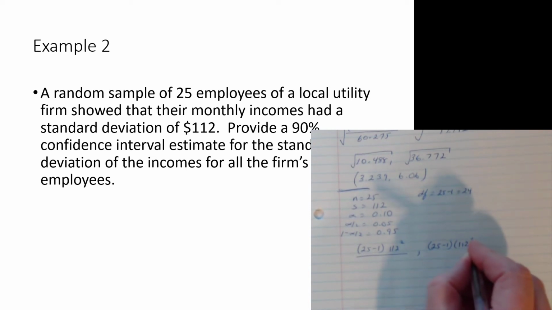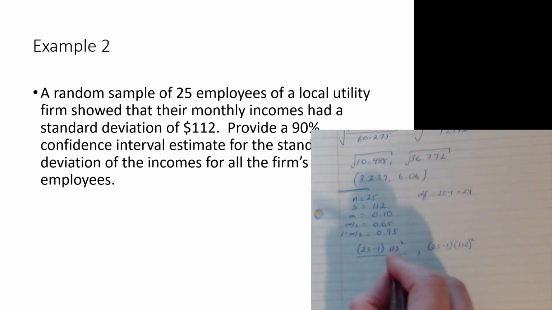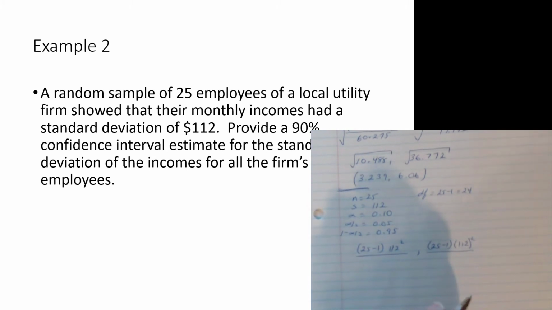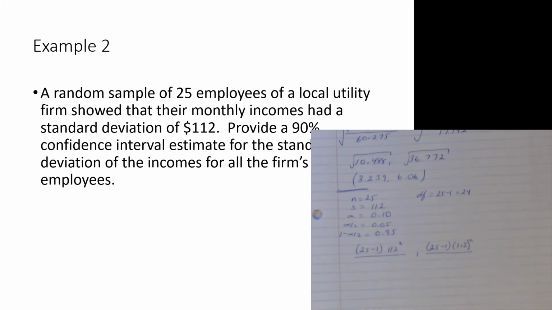Now for the denominator, we'll look up each one of our chi-squared test statistics. We'll do this like we've done so far, looking at the tables and then looking it up in Excel.